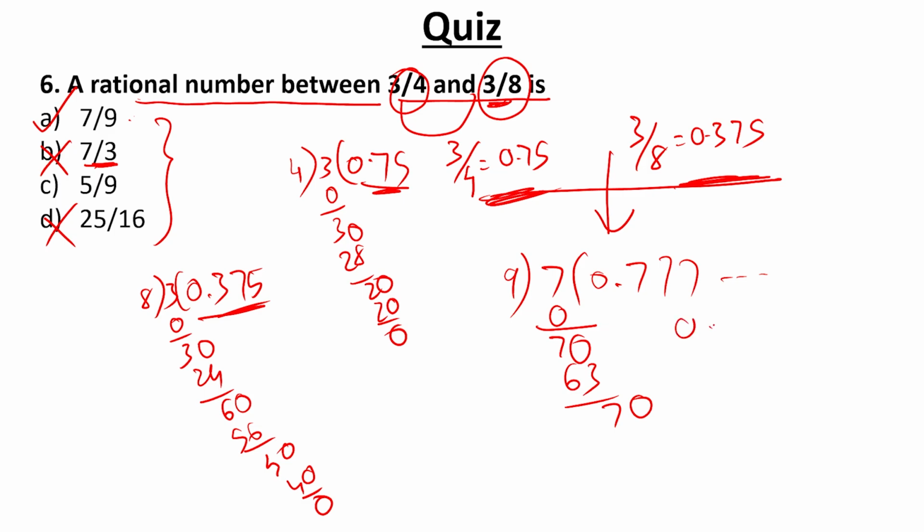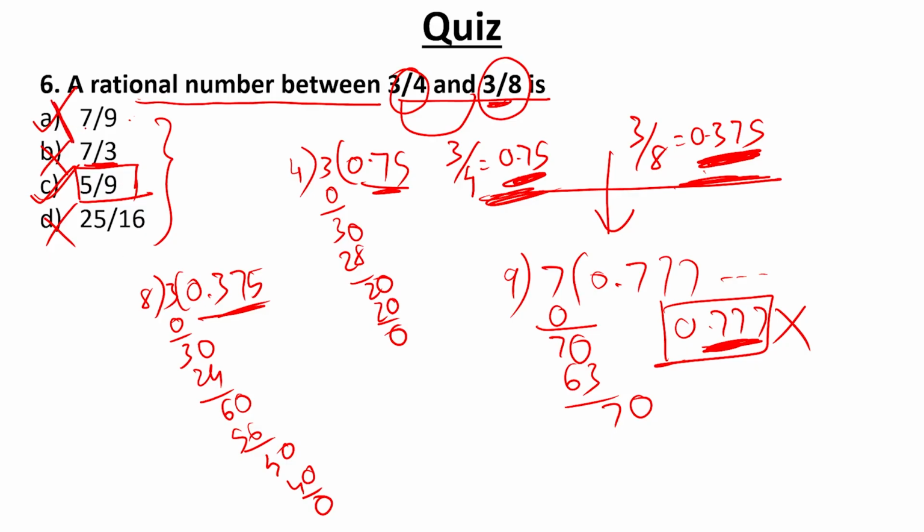We get somewhere about 0.777, but it is not the value we want because the value must lie in between 0.375 and 0.75. So it is not our answer. And finally, our answer is 5 by 9. So this is the correct answer. Okay, I hope you all got this one.